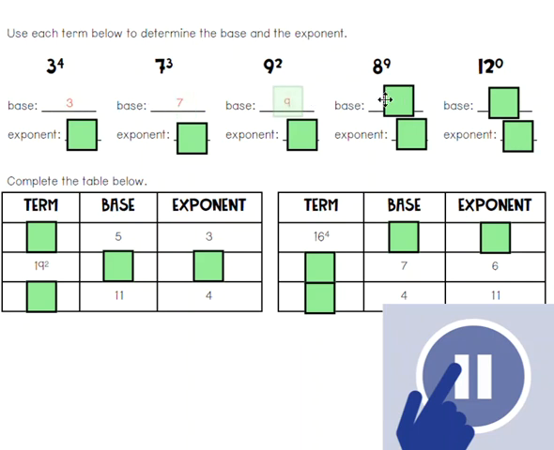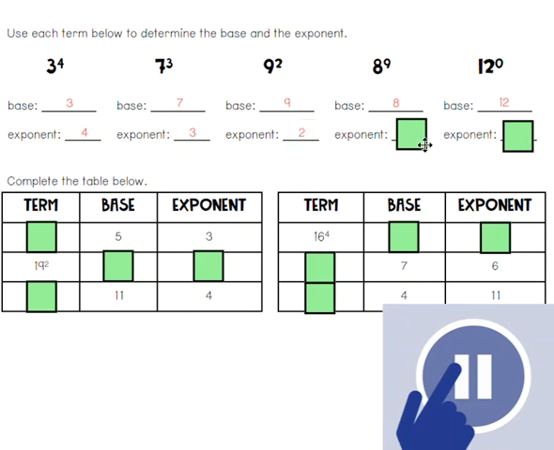The 9 is the base. Go ahead and figure out what the other 2 are. You can see those, but the base is the bigger number. That means the exponent is the smaller number in the corner. So right there, the 4 is your exponent. The 3 is the exponent. In this one right here, 2 is the exponent. 9 would be the exponent for that one, and 0 would be the exponent for that one.